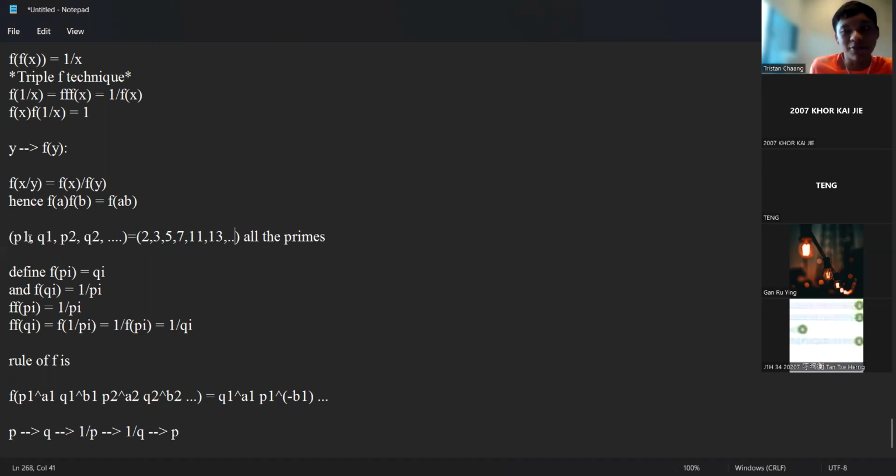I write it in this way so that I can have this cyclic relation when I define the function. So f(Pi) is Qi, f(Qi) is 1 over Pi. And of course, there are infinitely many primes.